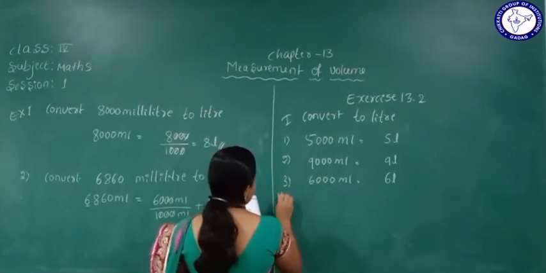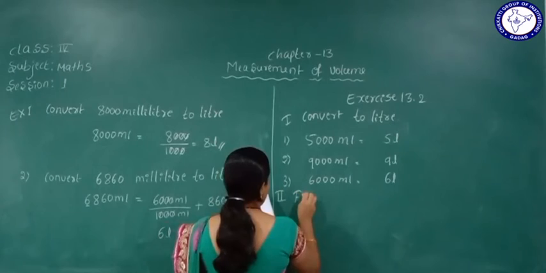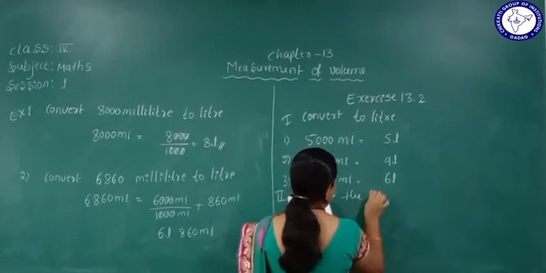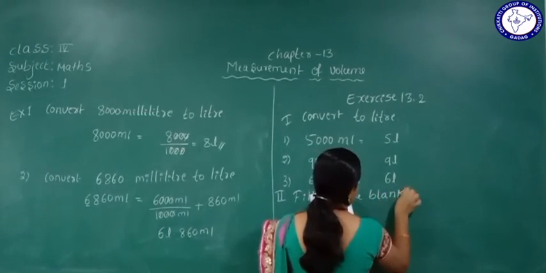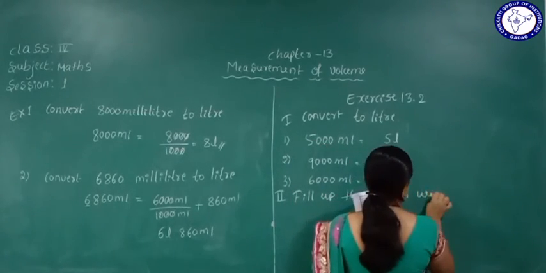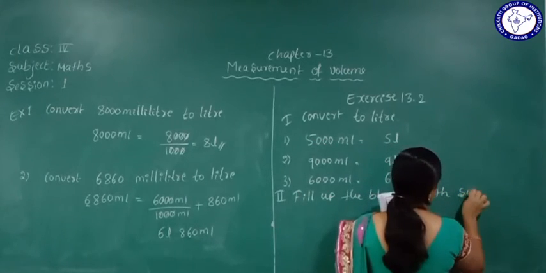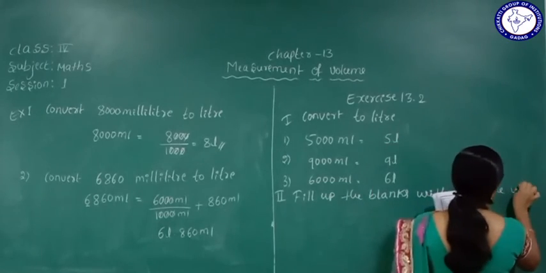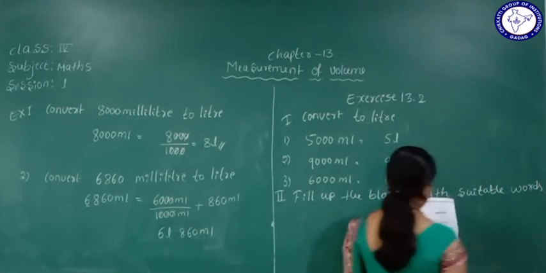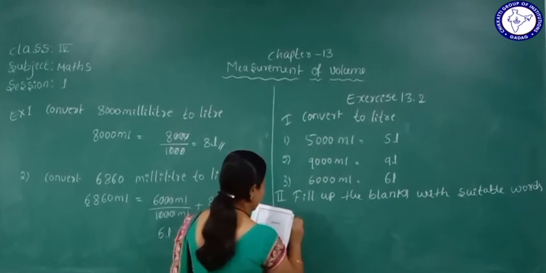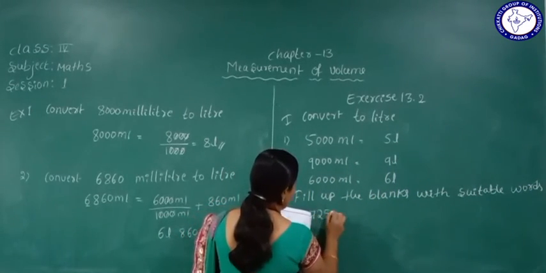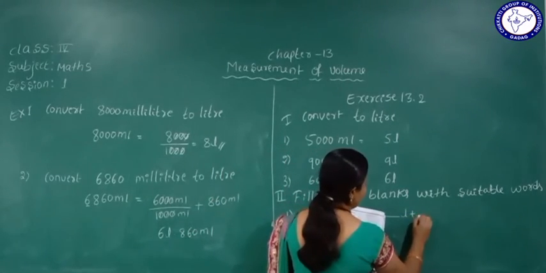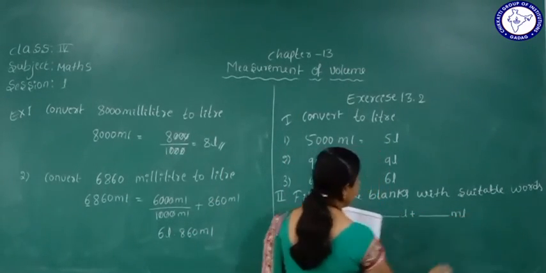Next, the second one is given: fill up the blanks with suitable words. First one, 7250 ml is equal to dash liter plus dash milliliter.